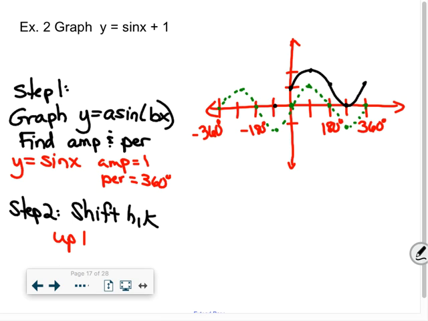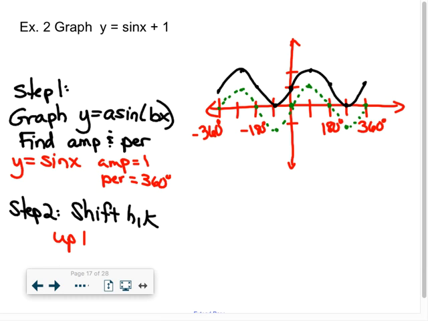Continue the pattern. And you can see literally from my dashed graph to my solid graph, the whole thing has just been shifted up 1 unit.